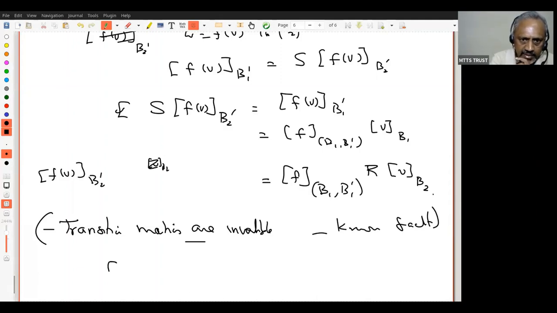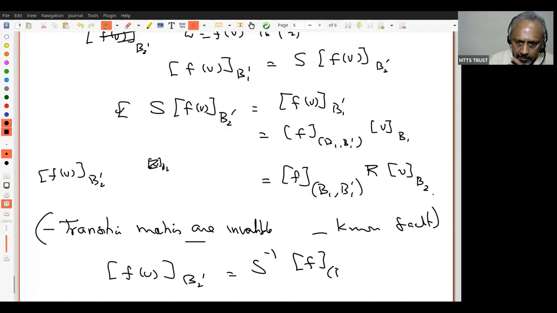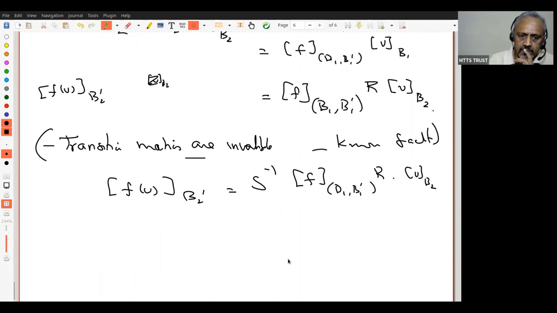Therefore, I can write [f(v)] with respect to b2 dash equal to S inverse, this is a matrix, times the matrix of f with respect to b1, b1 dash, times R, times [v] with respect to b2. Have you understood this?